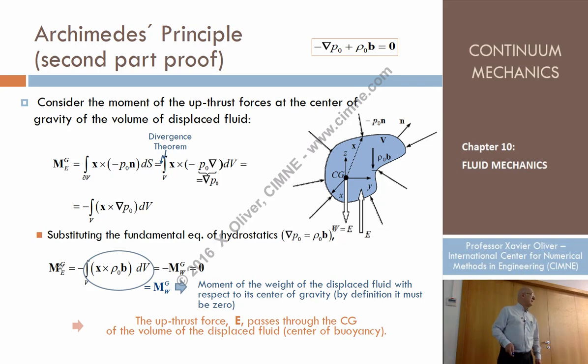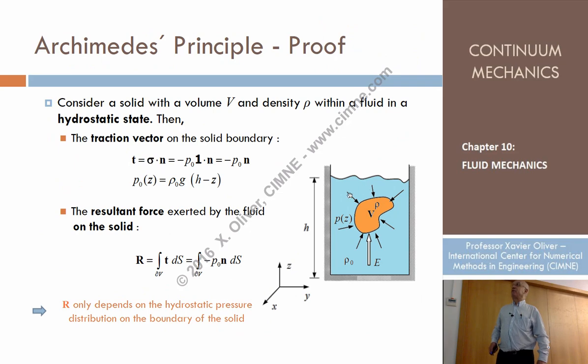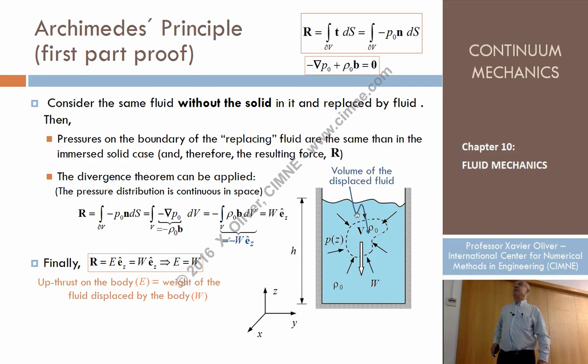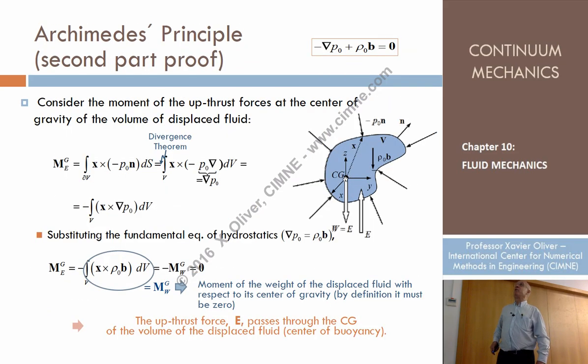So what have we proved? We have proven that the moment of the forces exerted by the outside fluid on the displaced fluid, which is the same as the moment of the forces exerted by the outside fluid on the immersed solid, is zero at the buoyancy center, at the center of gravity of the displaced fluid.